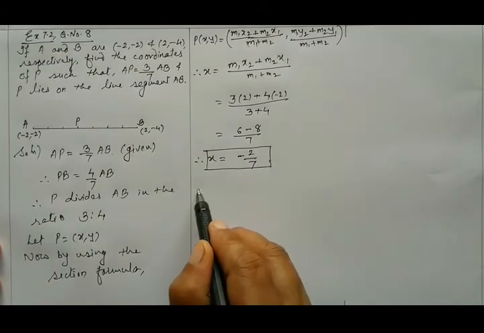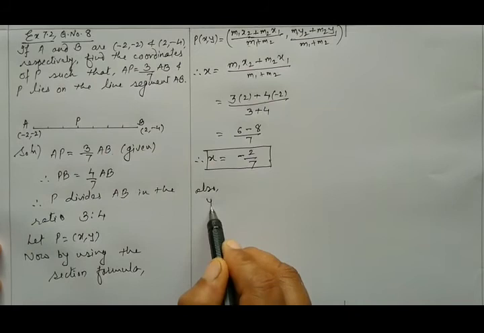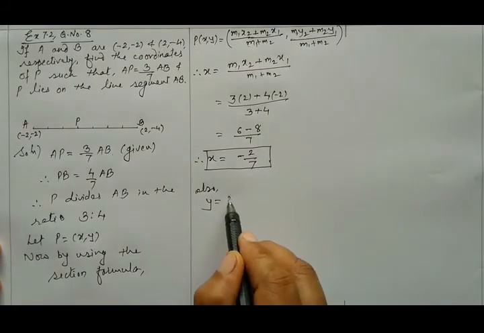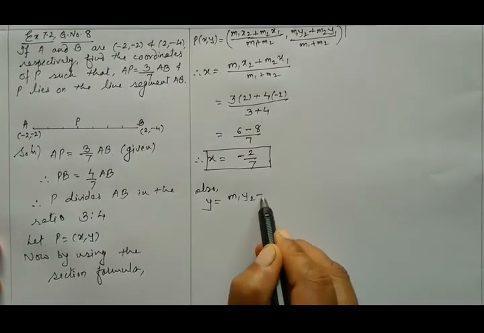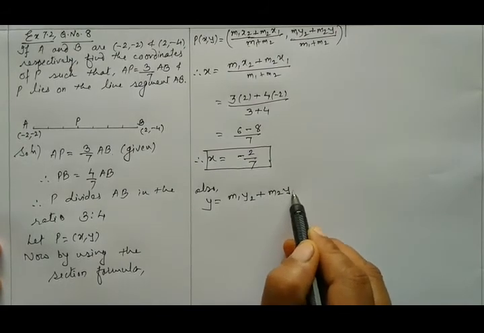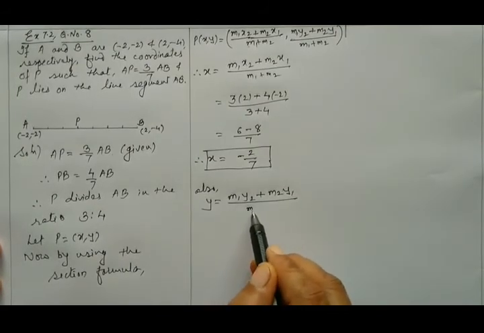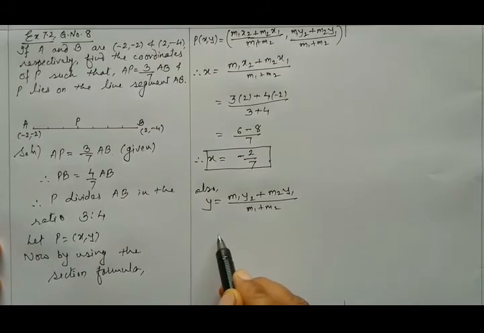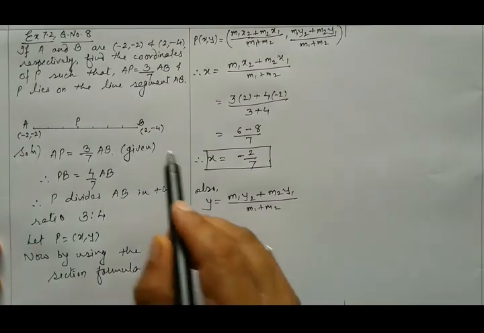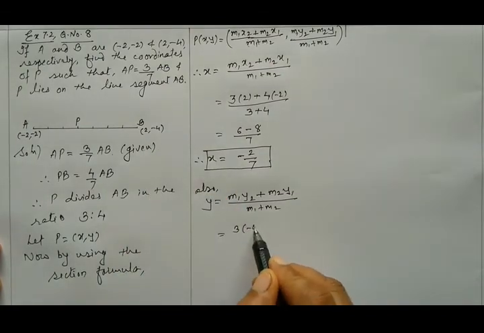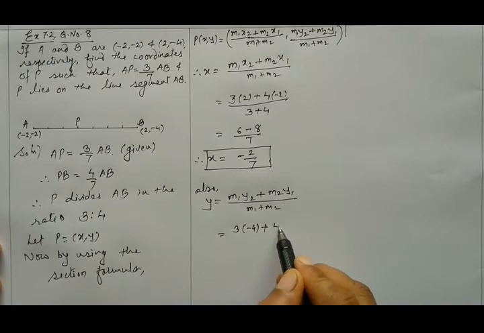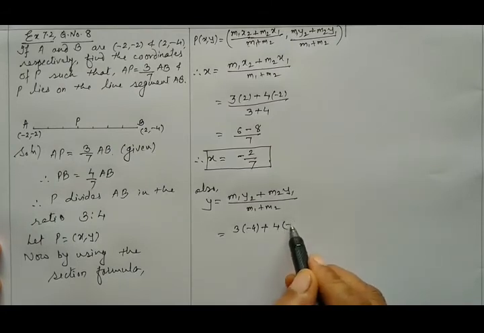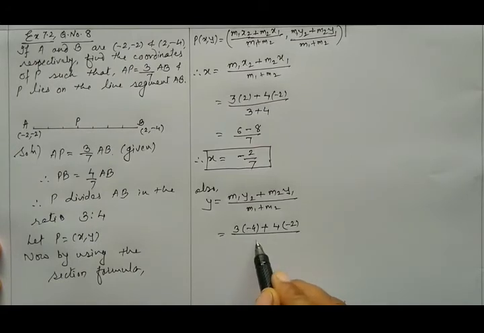Now also, y is equal to m1y2 plus m2y1 upon m1 plus m2. So m1 is 3, y2 is minus 4, plus m2 is 4 and y1 is minus 2, upon 3 plus 4.